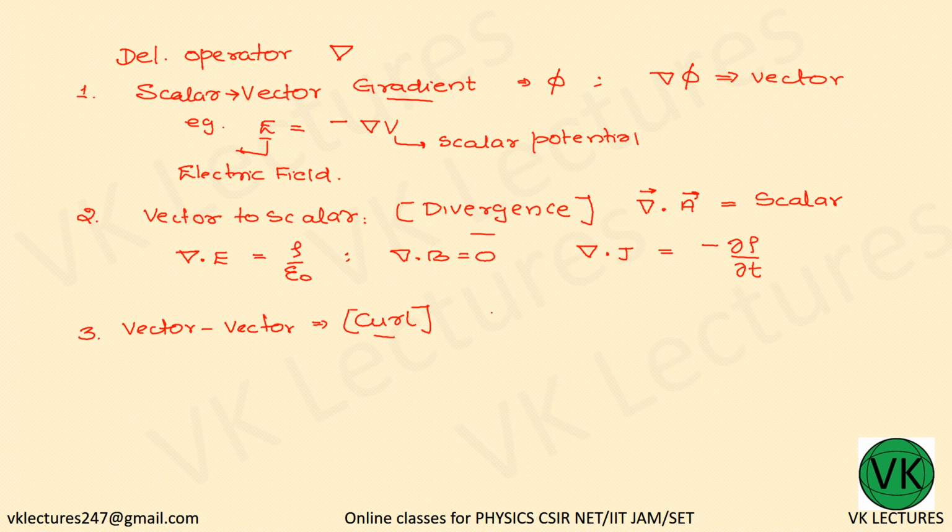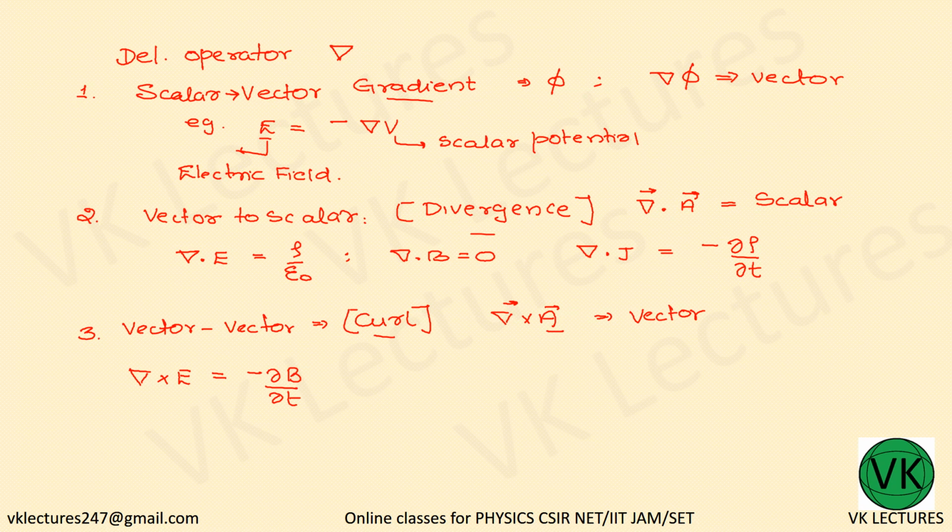So del cross A. Del cross A is a vector, and A is also a vector. Now a good example is del cross E equals minus dou B by dou t. That's the second Maxwell's equation.